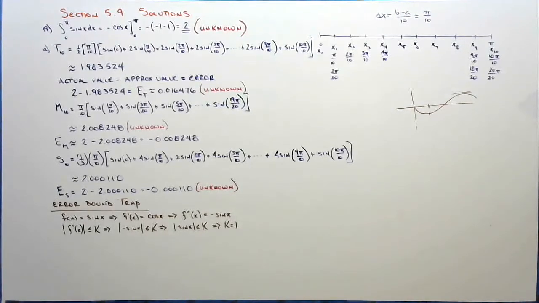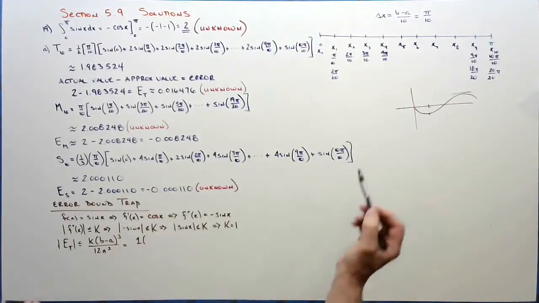Now, when we plug that into the error bound formula, our formula, remember, was the error bound less than or equal to k times b minus a cubed over 12n squared. So k is going to be 1.